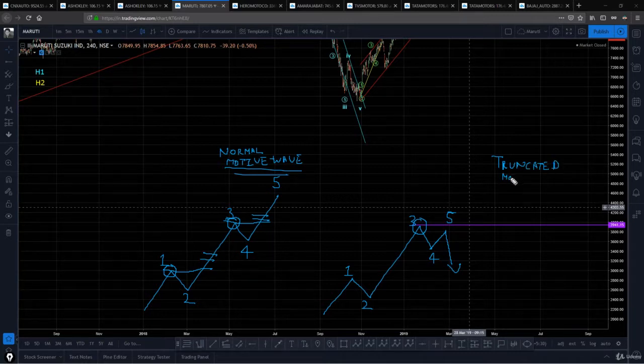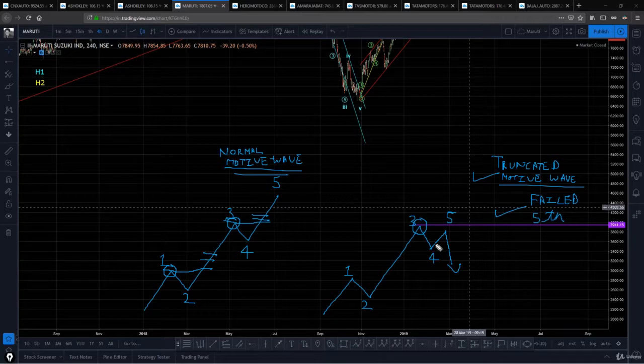A truncated motive wave is also called a failed fifth. Once again, I repeat, it's called a failed fifth because the fifth wave has failed to take out the high of wave 3, and hence it can be called either a truncated wave or a failed fifth.